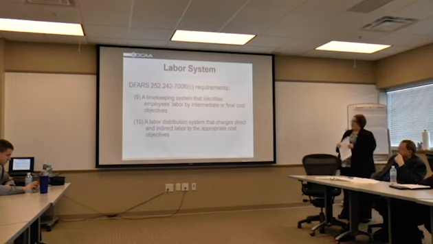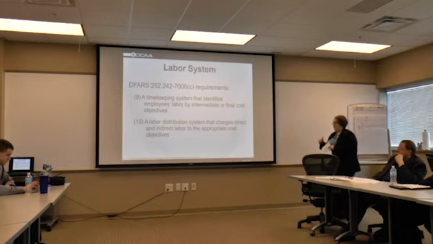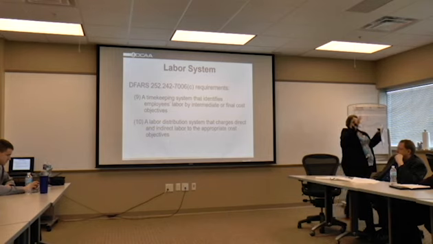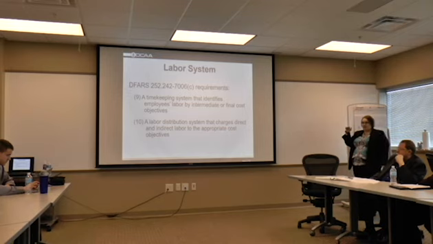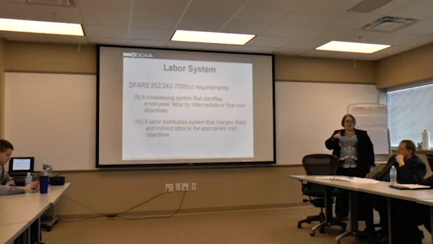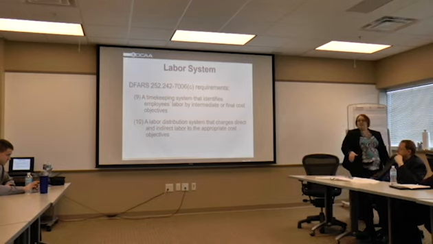There must be a labor distribution system that charges direct and indirect labor to the appropriate cost objective. Again, that accumulation of labor shows where it goes: to that contract cost as direct, or to that overhead pool, or to that G&A pool.